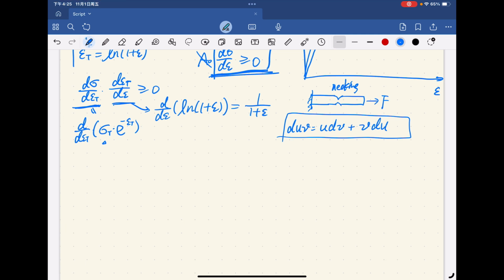So it equals sigma t d of E to the minus epsilon t, plus E to the minus epsilon t d sigma t over d epsilon t.